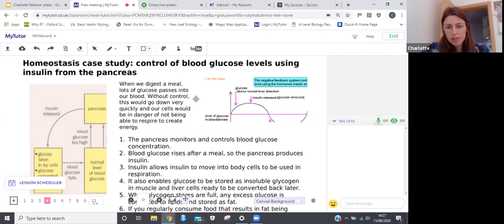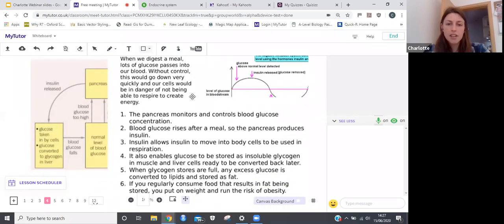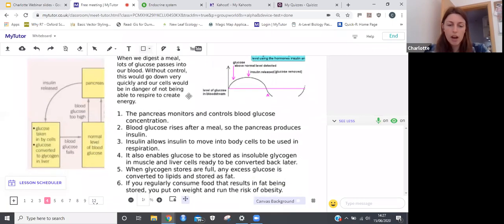A couple of diagrams on here, and a 6-step process for what happens when we have glucose in our bloodstream. The first thing to mention is the pancreas. The pancreas is that organ that we talked about. It's sort of around the digestive system area, behind the liver.